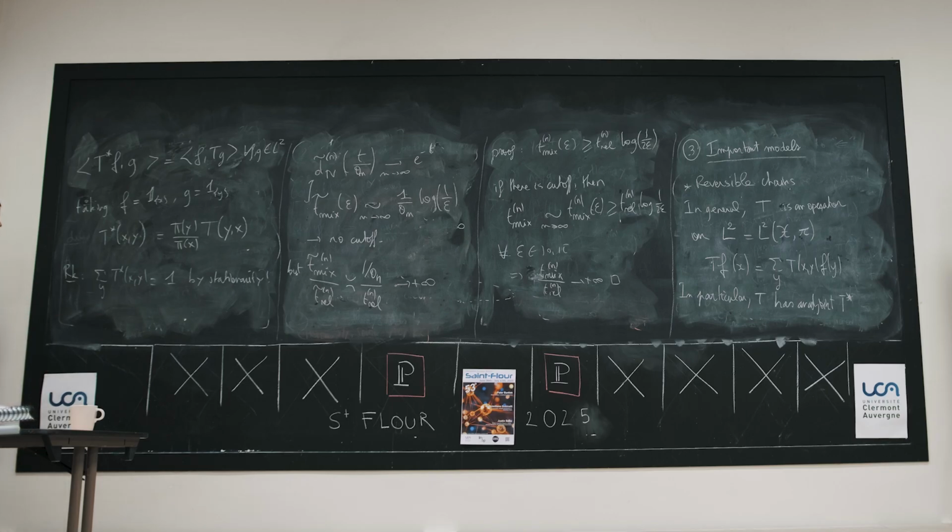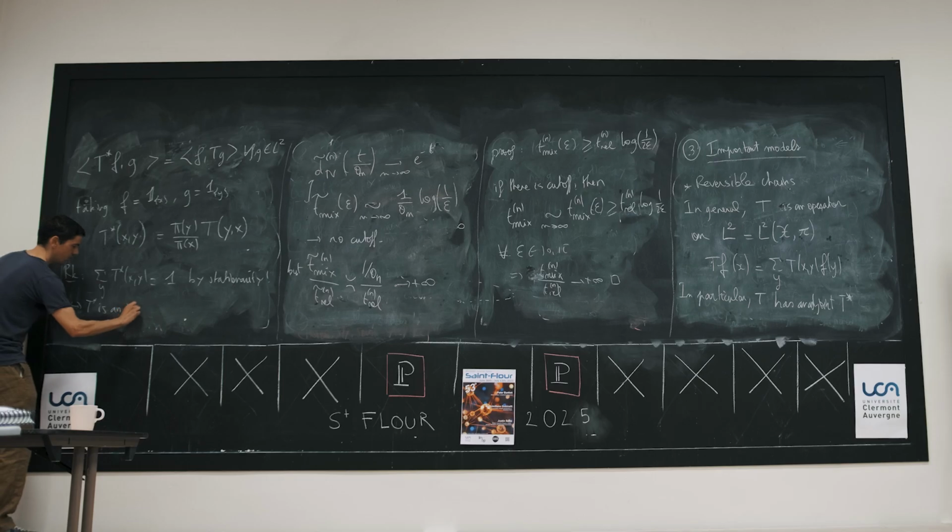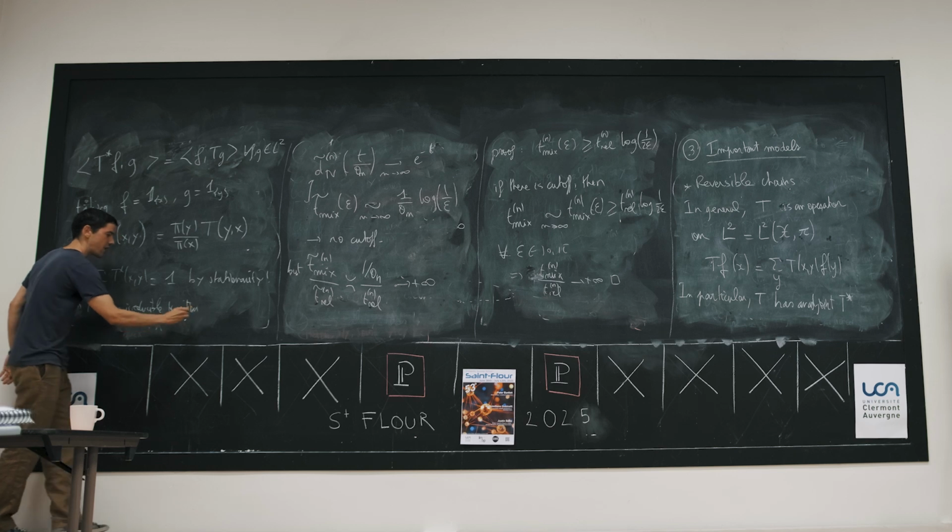Okay. So it's still irreducible, so it has a unique invariant measure, and it turns out that this invariant measure is just pi. You can just check that. So T star is an irreducible transition matrix with the same stationary measure.